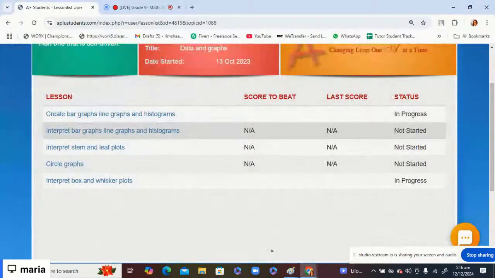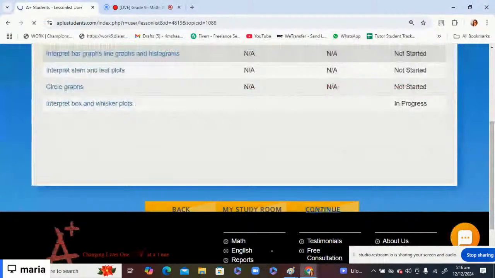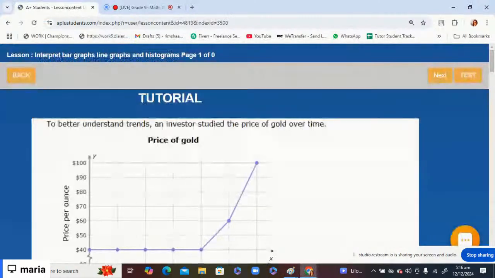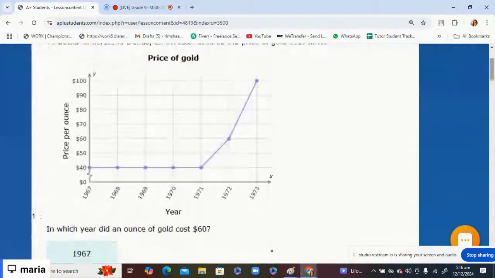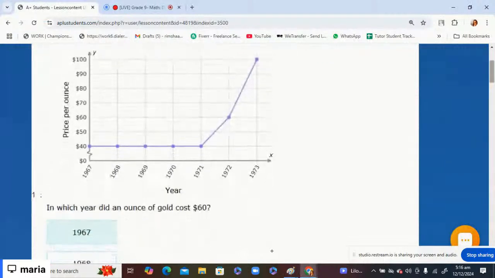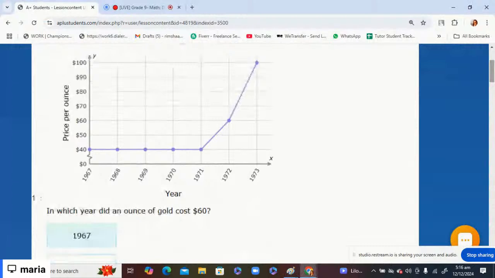Interpret bar graph, line graph, and histogram. To better understand the trends, an investor studies the price of gold over time. Number of years are given, and price per ounce is given. In 1967, it's $40.